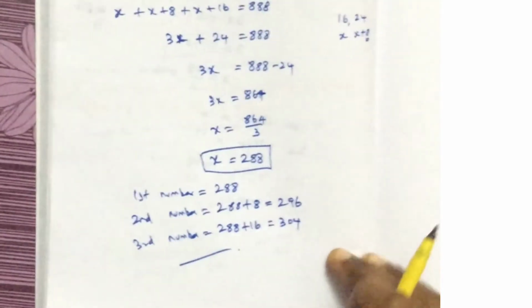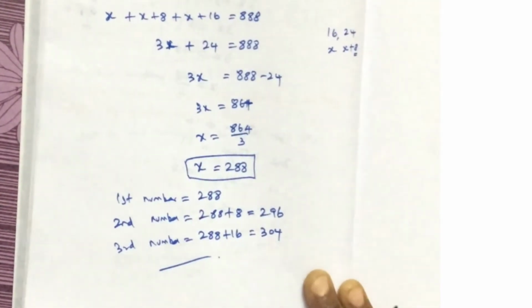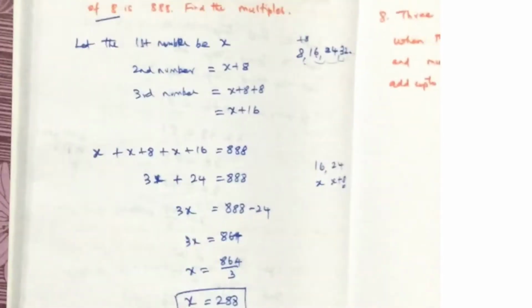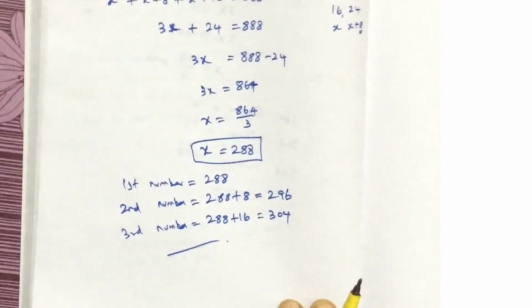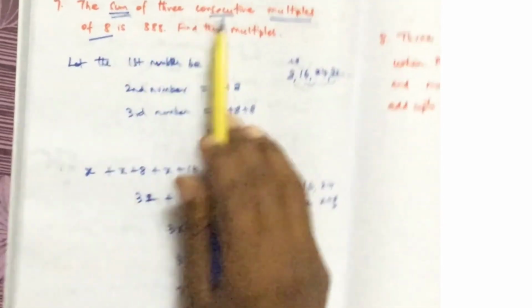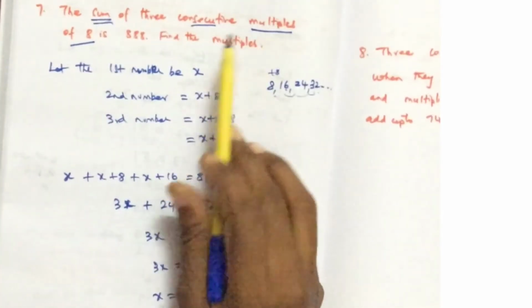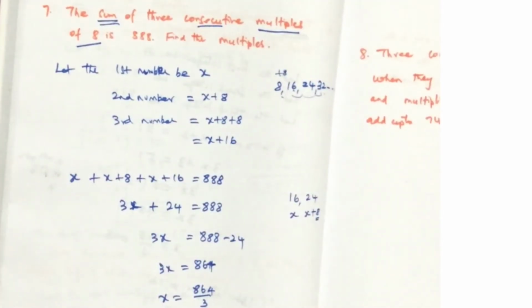Okay, this way you got the three numbers. If you add these three numbers you should get 888. You can check that. So here what you should know is what are multiples of 8 and what are consecutive multiples. If you understand these things, this problem is very simple.